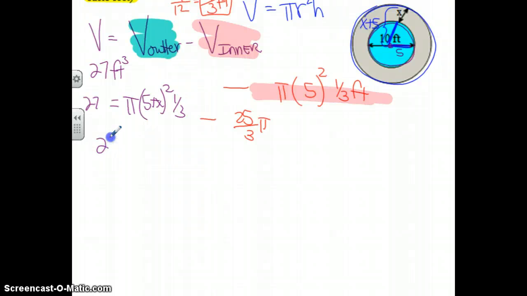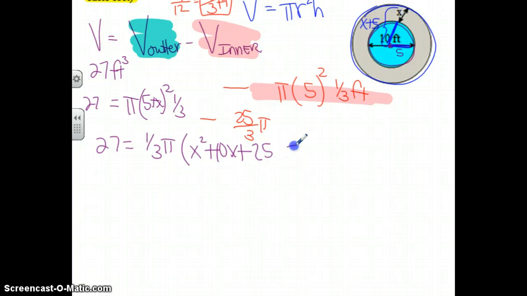So I'm going to try to clean this up a little bit. 27 is equal to 1/3 pi times, let's FOIL this out, x squared plus 10x plus 25, minus 25 pi. The next thing I'll do is multiply both sides by 3, just so that I can clear these fractions.